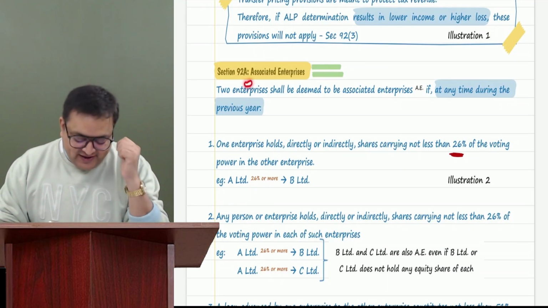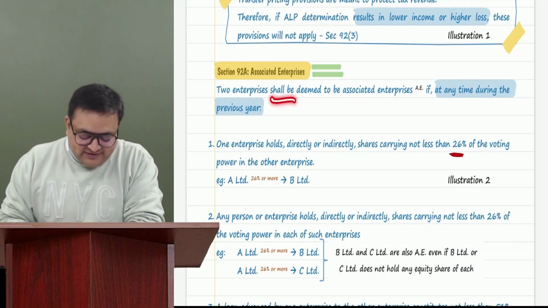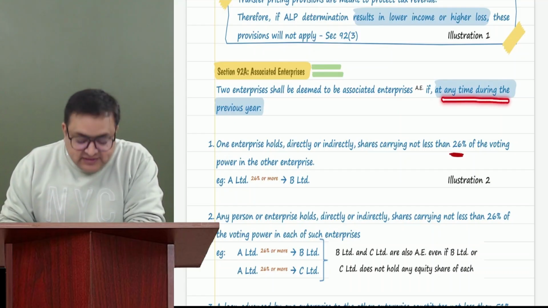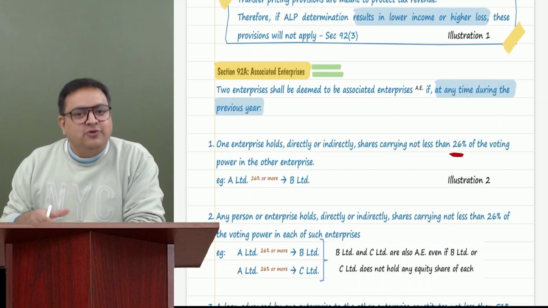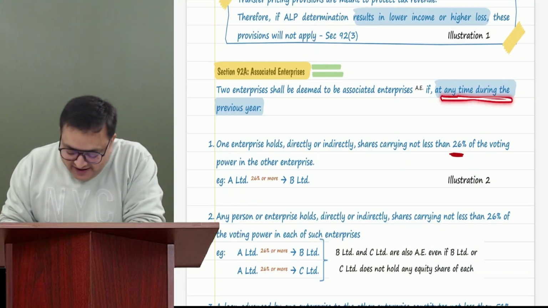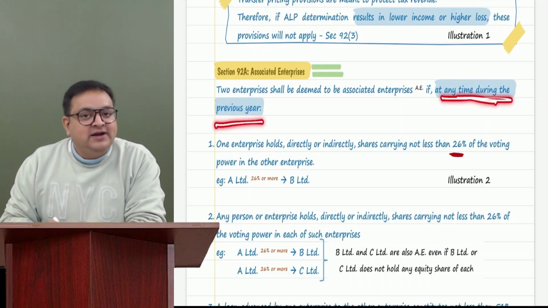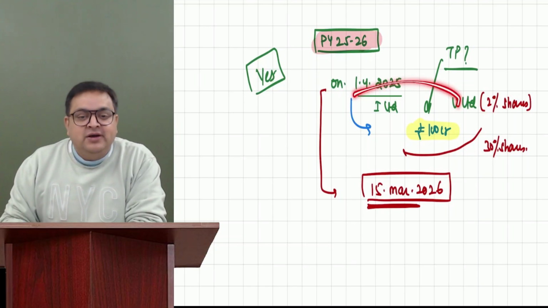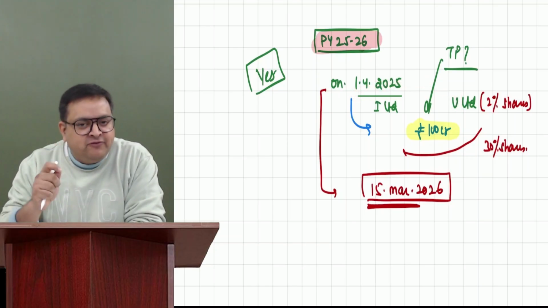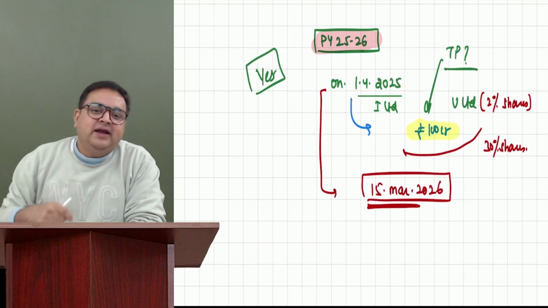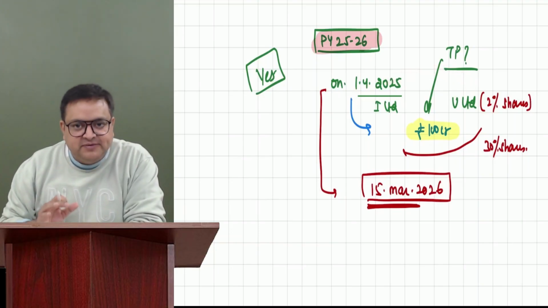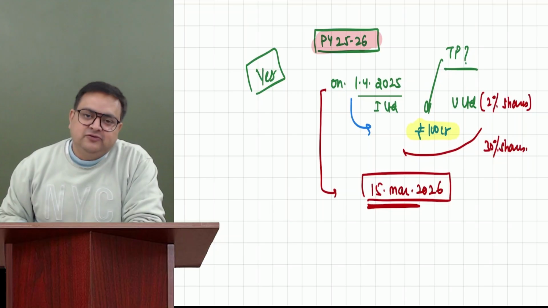So 92A is telling you two enterprises shall be deemed to be associated if at any time during the previous year. See, I have highlighted this in the book itself. If at any time during the previous year, it doesn't matter whether you were associated at the point of time when the transaction was happening between the two. At any time during the previous year, if you were holding 26% or more, then you will become associated enterprises.